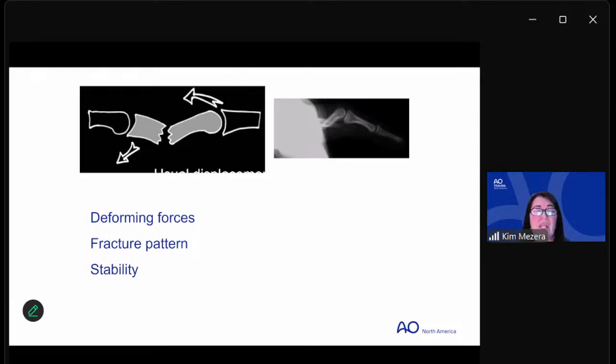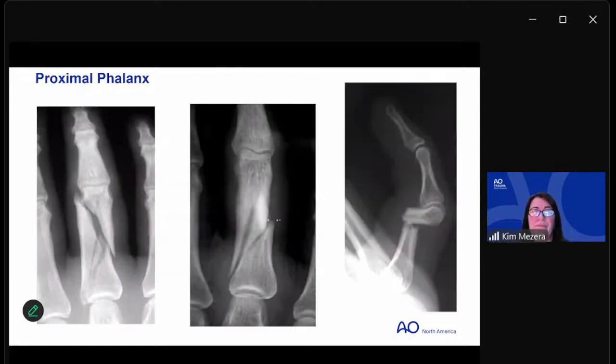Again, deforming forces. Back to our point of soft tissue and the systems and the pulleys, the central slip, the intrinsics, the FDS attachments, all those things are deforming forces for us. So we have to think through the anatomy to understand how to reduce the fracture and what we're trying to correct or reverse to get the stability we need.